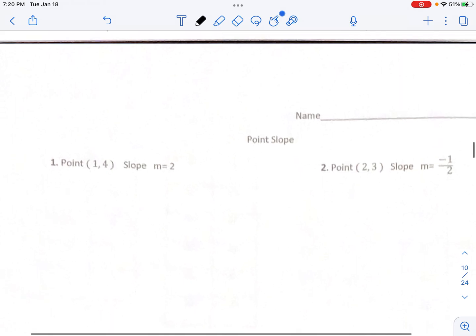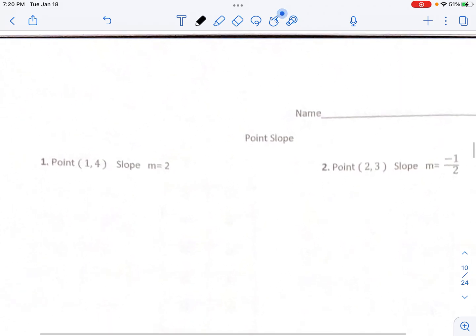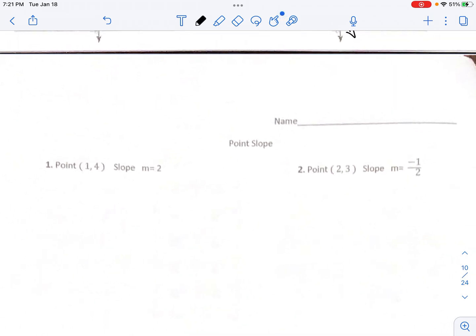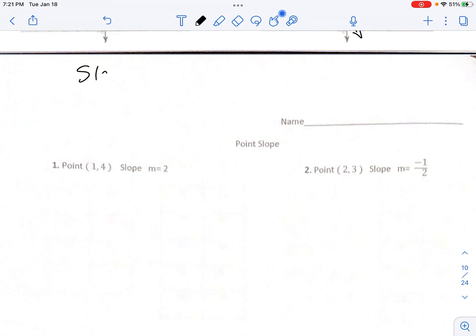Now, point slope, okay, on this particular problem right here, you need 2 different setups. You need the slope setup, which looks like that. It's basically a fraction line with a minus sign on top and bottom.